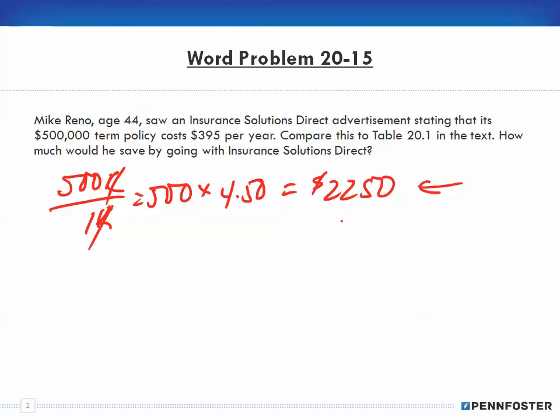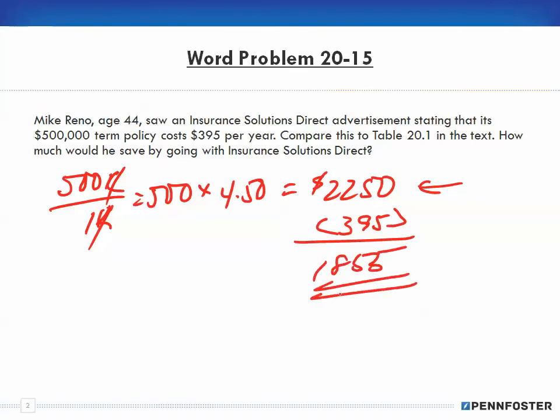But the Insurance Solutions Direct advertisement only costs $395. So the difference between the two is $1,855 cheaper by going with Insurance Solutions Direct. So when you use the text and figure it out, it's $2,250, but Insurance Solutions Direct only costs $395. You'd save $1,855 by going with that. Okay.